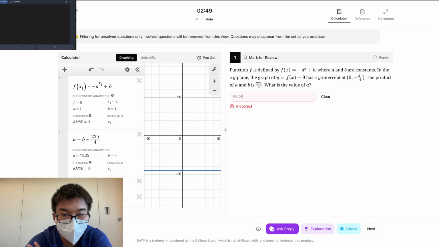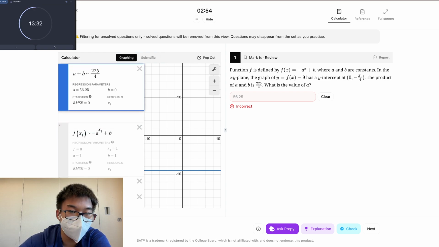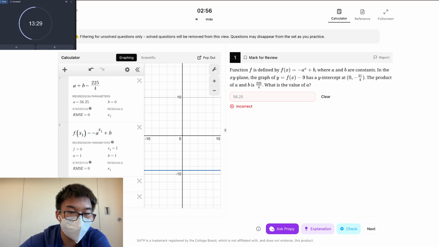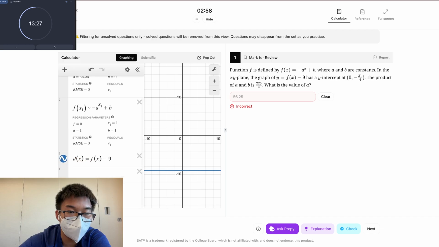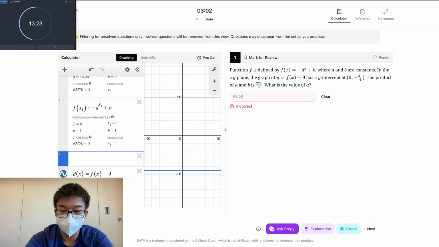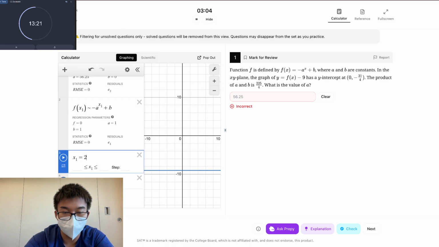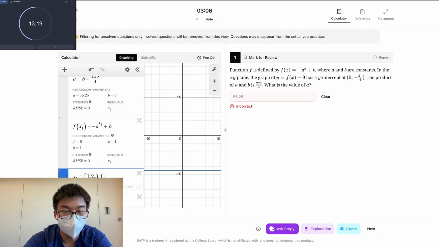So let's see. How did I get 57? Oh, maybe I was supposed to move this one first. And then I do f(1) is equal to 1, 4, 5, 6, 7, 8, 10.